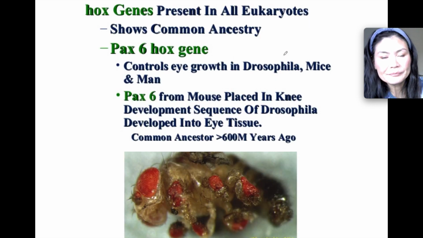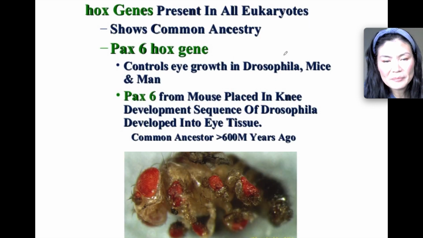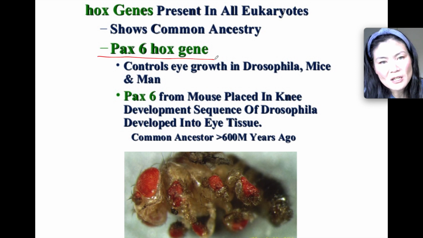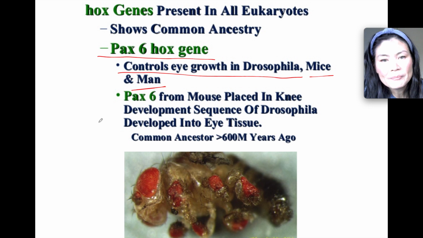Oh, I found this picture online. This is an example of an experiment that was done on fruit flies where they turned on the wrong gene in the wrong place. So the PAX6 gene, this is a Hox gene that controls eye growth in the fruit fly, mice, and humans. When you turn on that gene in the wrong place, you're going to get eyes developing in the wrong place.